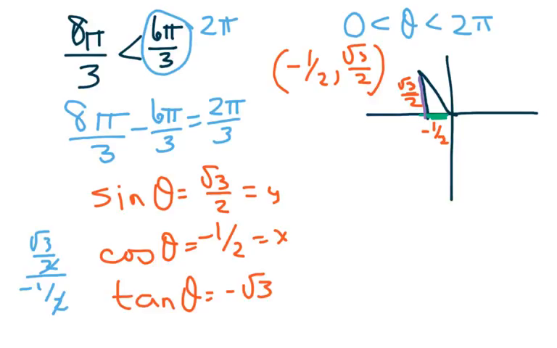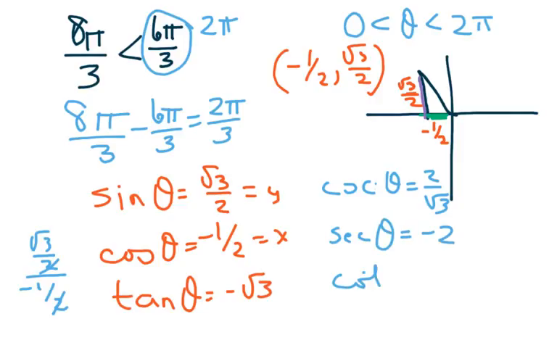So we're going to get cosecant equals 2 over root 3. Secant's going to equal negative, let me put the thetas in. Cosecant of theta is going to be 2 over root 3. Secant of theta equals negative 2.